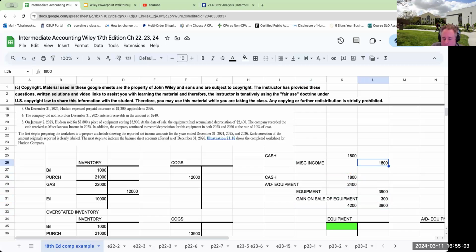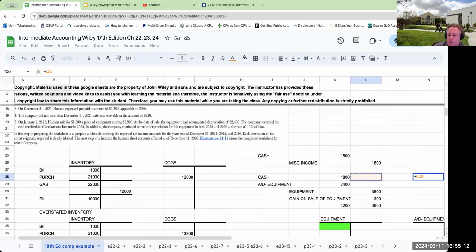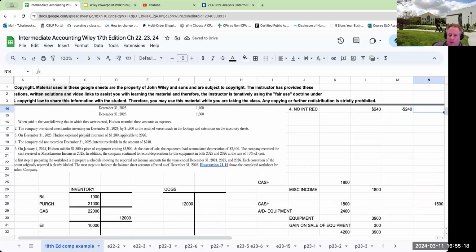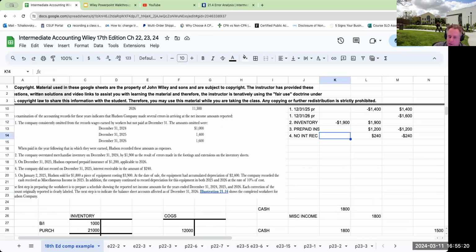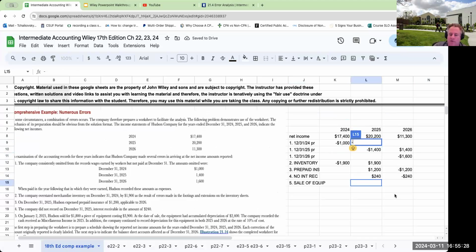Now, in this case right over here, I actually recorded a miscellaneous income of 1,800. So what I would need to do in terms of my adjustment is, I reported $1,500 in 2025 of too much income. So over here on the income statement, I'm going to reduce my 2025 number by 1,500.